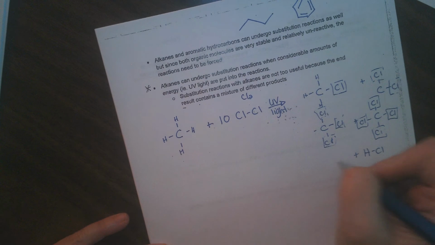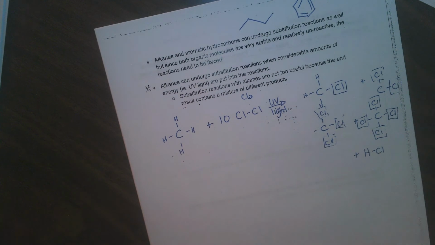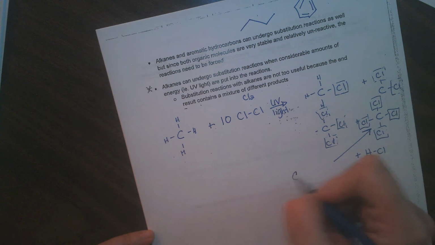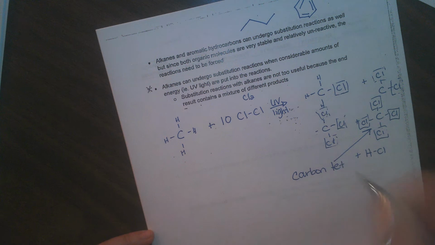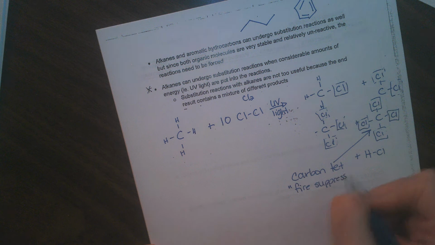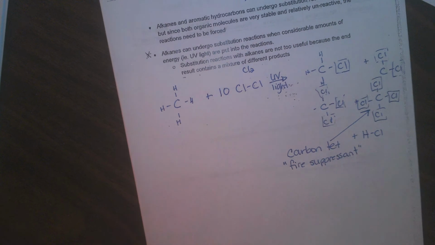This is actually this guy here. Fun fact. This guy has a nickname. It's called carbon tet. And carbon tet used to be used as a fire suppressant. And when I did my chemical technology, I'm just going to pause this.